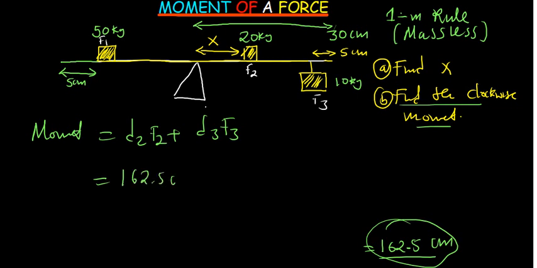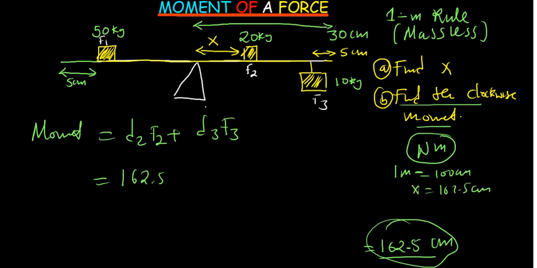162.5 centimeters. Now, whenever we're finding moments, make sure that the answer is in Newton meter. So we need to make sure that this distance is in meters. So we need to convert that to meters. And how do we do that? We know that in 1 meter we have got 100 centimeters. So we're going to say 162.5 centimeters is equal to x.